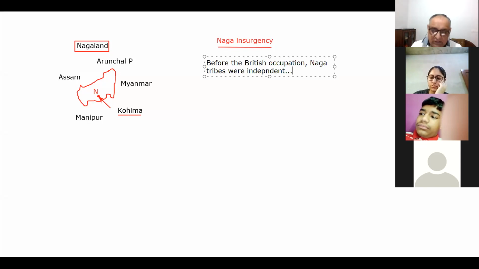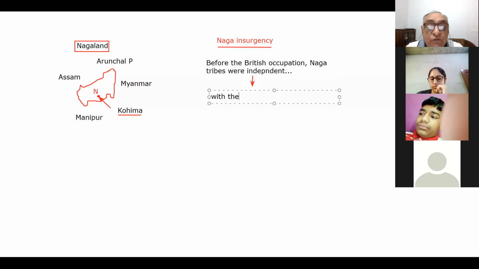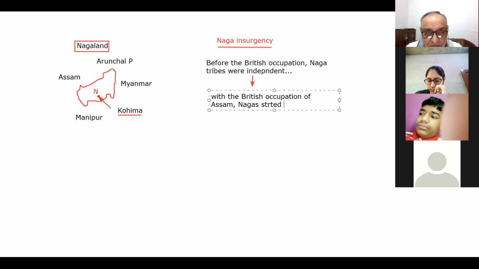With the British occupation of Assam, Nagas started losing their sovereignty.